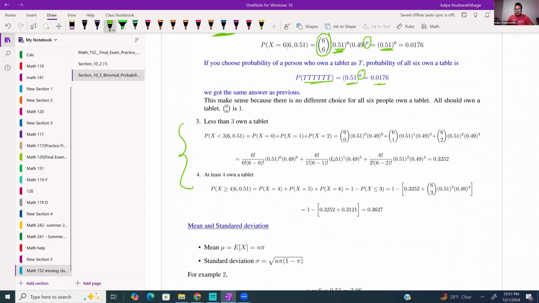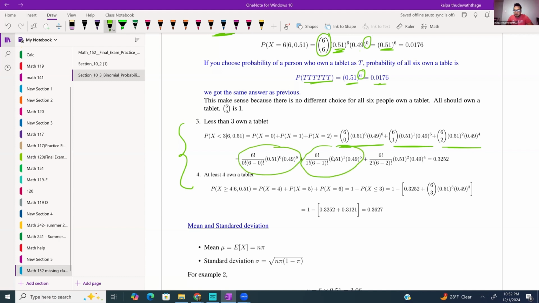That means you have 6 people, you survey. There's a probability for no one owning a tablet, or 1 person, or 2 people, because I'm looking for less than 3 people. So this is the probability that no one owns a tablet. This is the probability that 1 person owns one. This is the probability that 2 people own one. So you calculate each one.